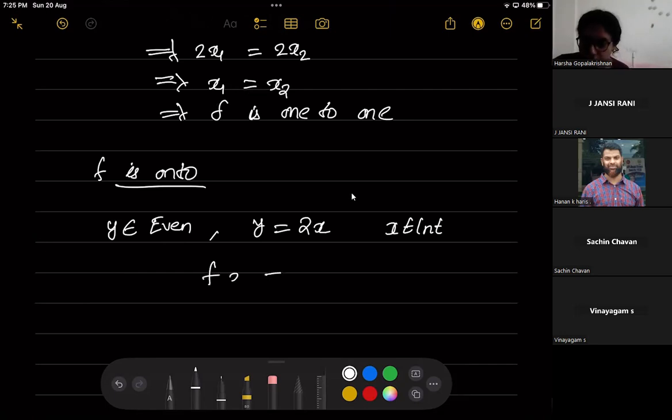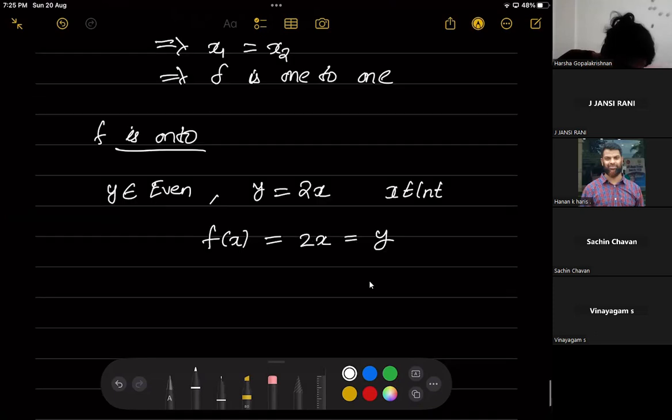For this x, I am applying f of x. By definition, f of x is 2x, which is equal to our y. So, f of x equals y. So, f is onto.